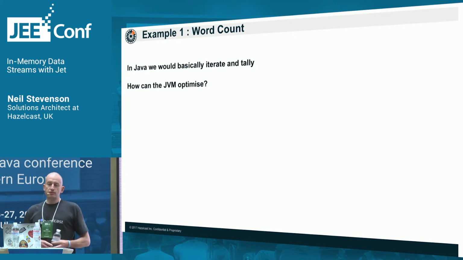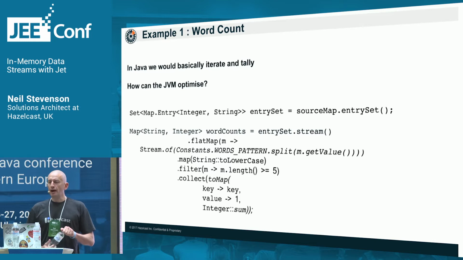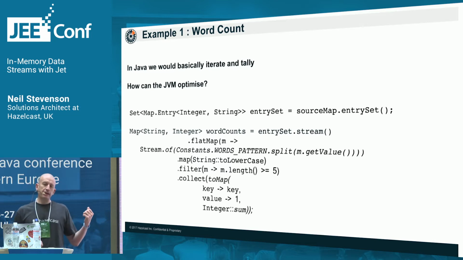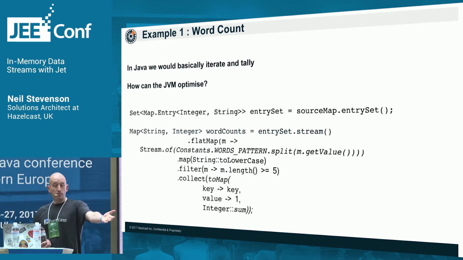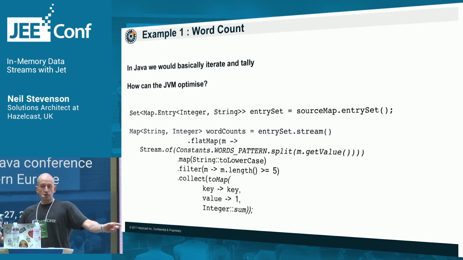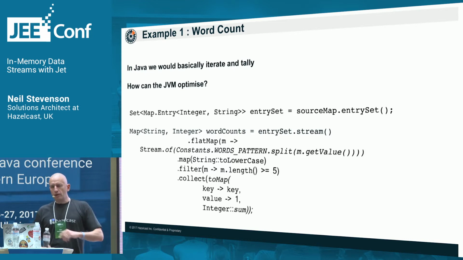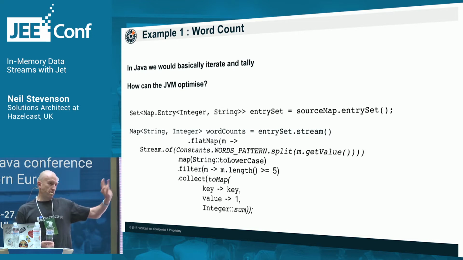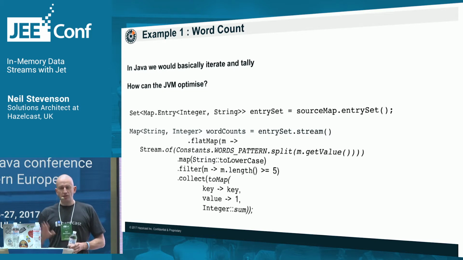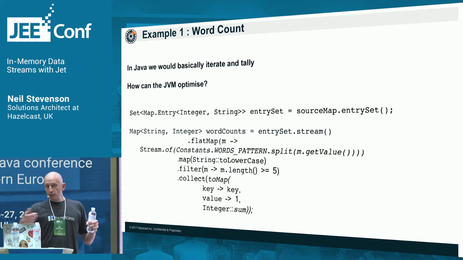If we were to do this in just raw Java, this would be how we would process it. We're taking a stream of words, we're flattening the lines into individual words, we're ignoring the case, we're filtering out the short words, like "that" and "be", which we're not really that interested in, and we're just counting them up.